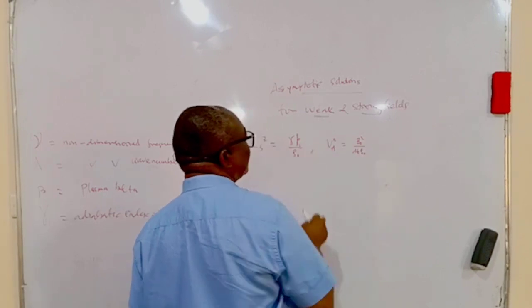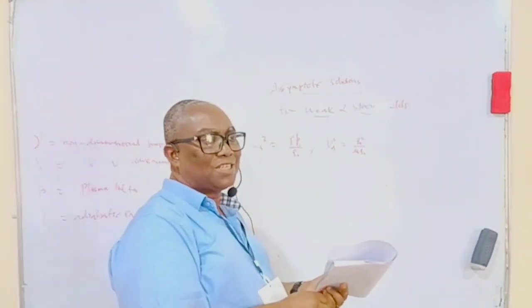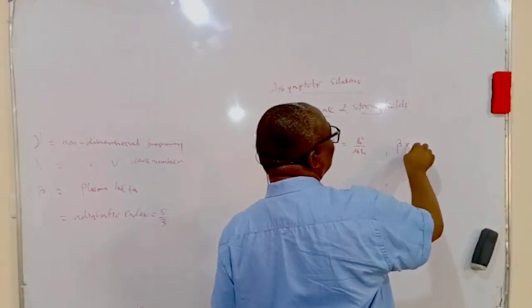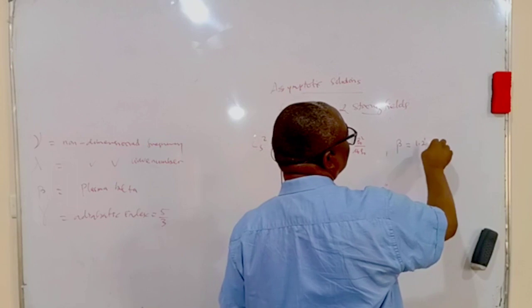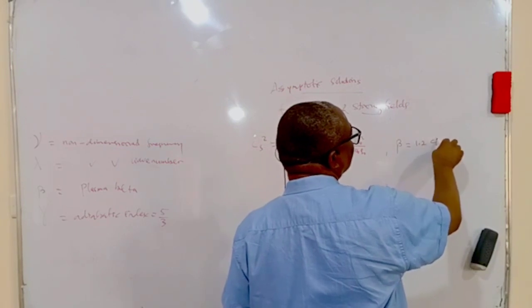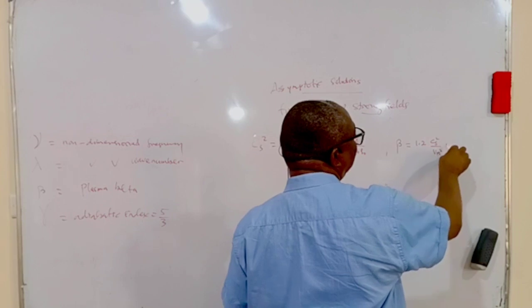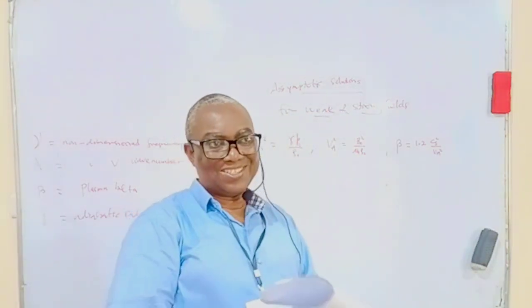Now you can see that plasma beta, as we said, is equal to what? 1.2 CS squared over VA squared. We wrote these equations this morning. Is it not? Huh?